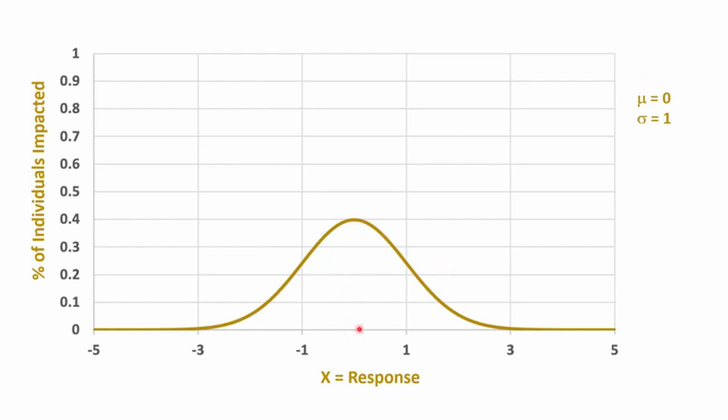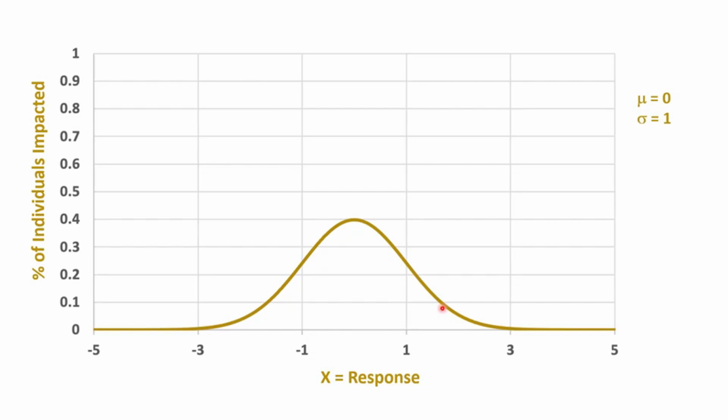So we see the mean here at 0, and the standard deviation here we're setting equal to 1. So here 1 would be 1 standard deviation, 3 would be 3 standard deviations. So as we saw, between 3 standard deviations and -3 standard deviations, plus or minus 3 standard deviations, we see almost all of the population falls into this category of responses.